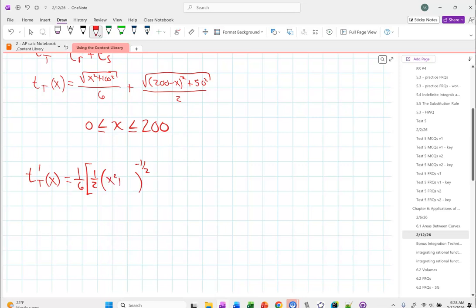The inside stays the same, times the derivative of the inside. Does everybody feel okay there? Now you could have FOILed that out and done that also, but you don't have to. Okay?